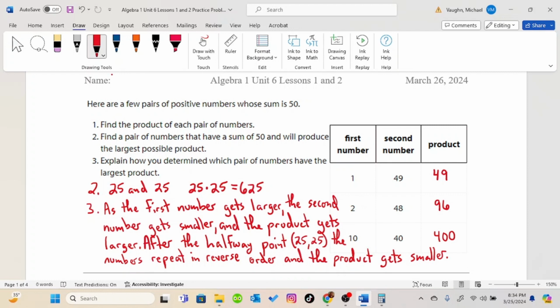So the halfway point is going to be the largest product, because if we multiply 24 times 26, then we go to 25 times 25, we'll hit that peak, because the very next thing we would do is flip and multiply 26 times 24 and go back down again.